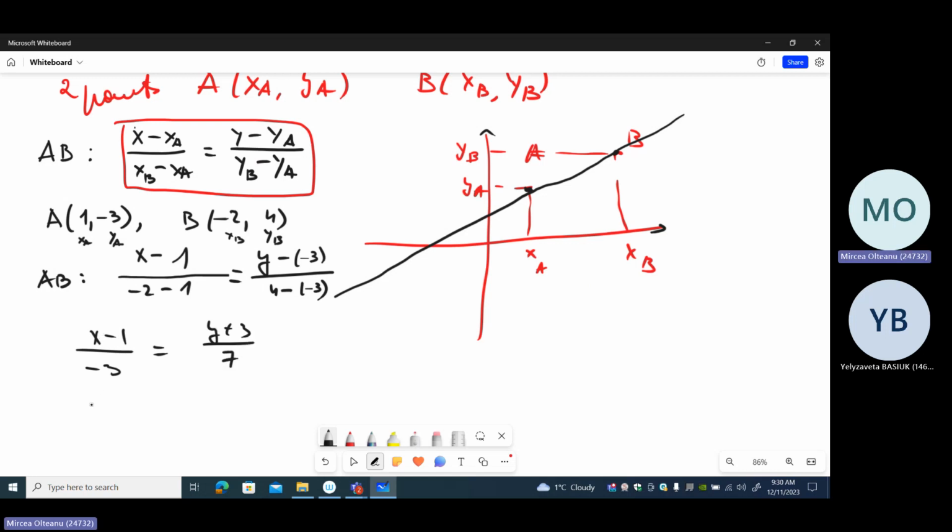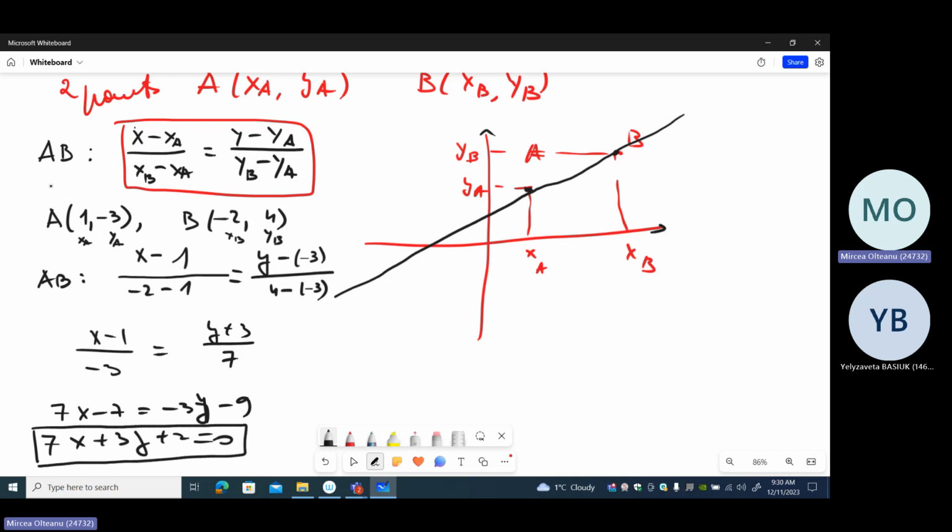We eliminate the denominators, so 7x minus 7 equals minus 3y minus 9, which means 7x plus 3y plus 2 equals 0. This is the equation of the straight line which passes through the points A of coordinates 1, minus 3, and B of coordinates minus 2, 4. I want to know if this is clear.